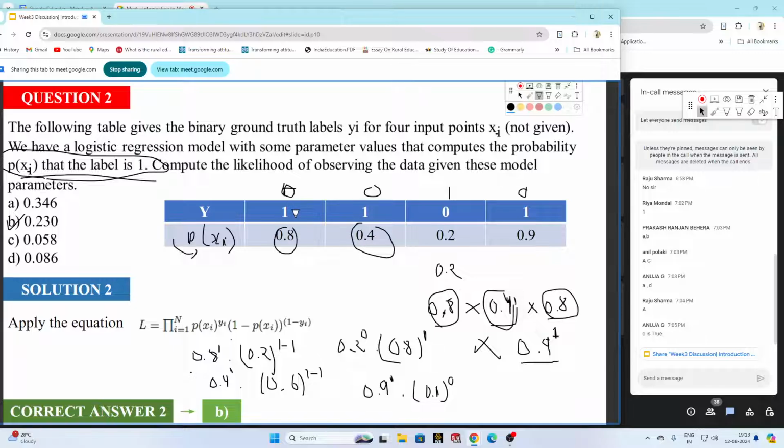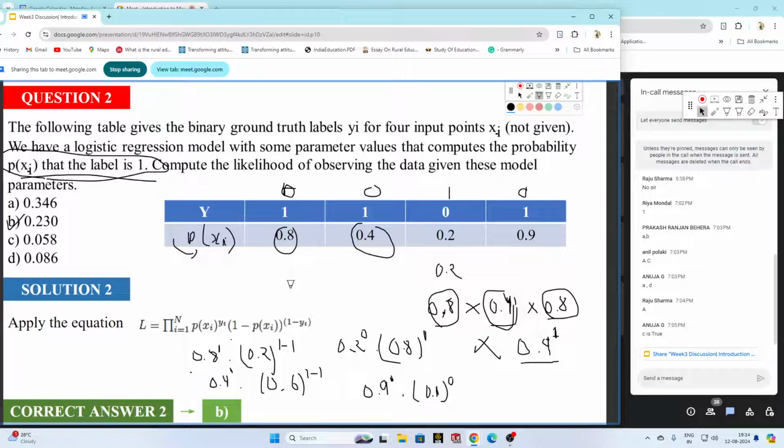So p(xi) will be for 0, and 1 minus p(xi) will be for 1. Means, 1 minus p(xi) will be for 0. So first we have to take 0.2 into 0.6 into 0.2 into 0.1, right?